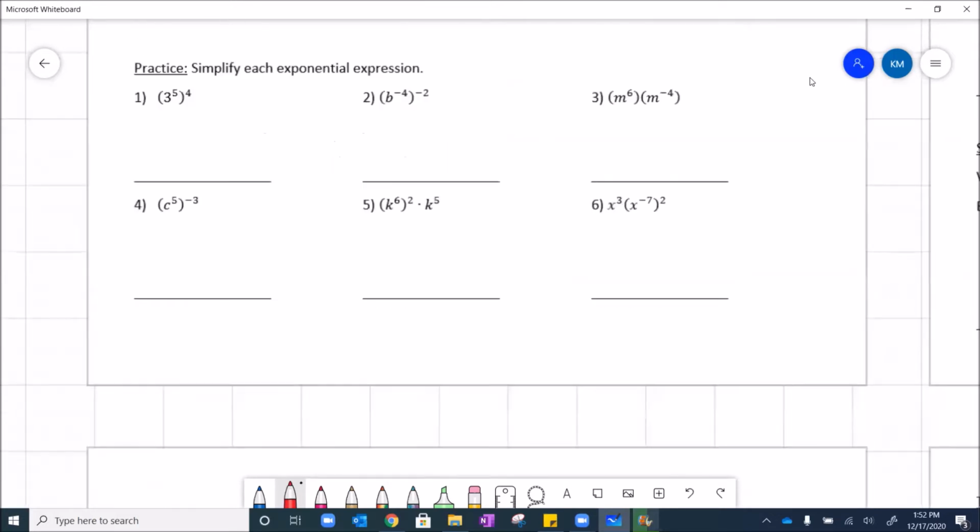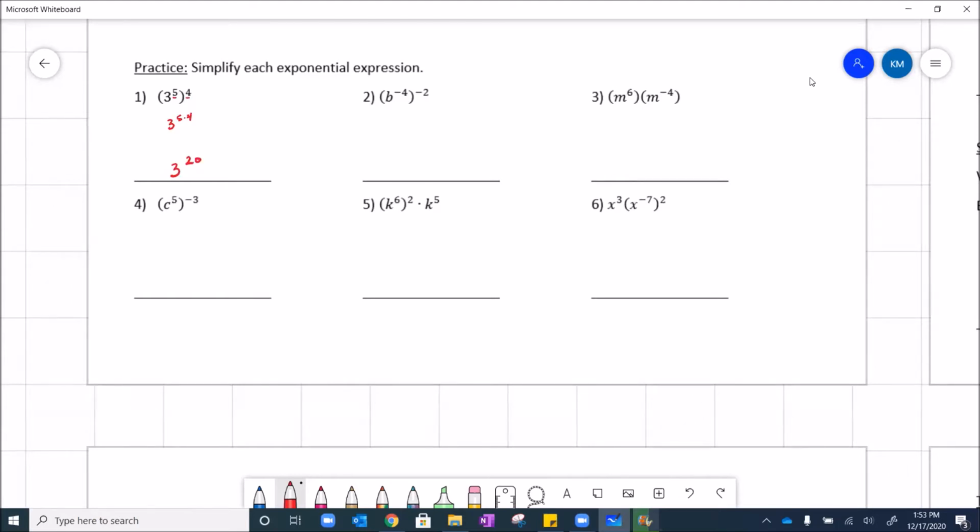So let's see how that looks here. We have 3 to the 5th to the 4th power. Our shortcut tells us, all right, we have one base still. Our exponents, since we're raising the exponent to an exponent, is 3 to the 5 times 4. 3 to the 20th power. Now typically if we can simplify it, we will.